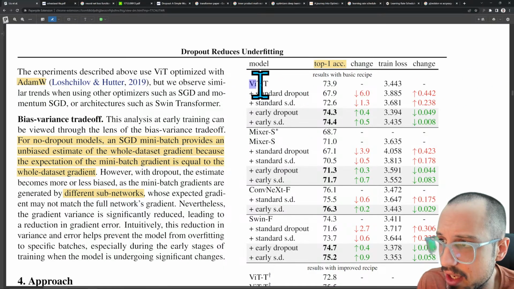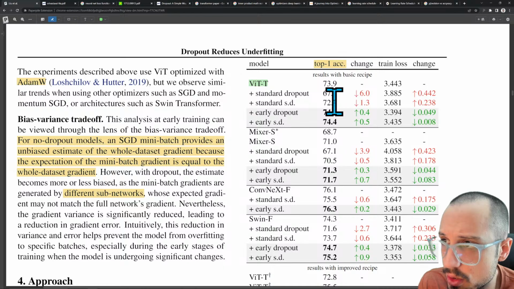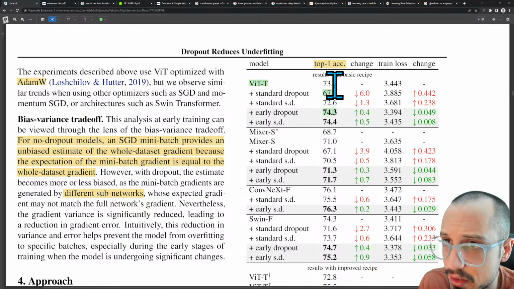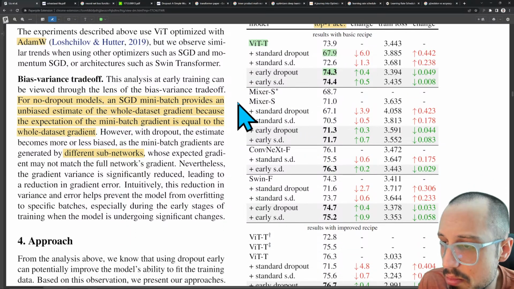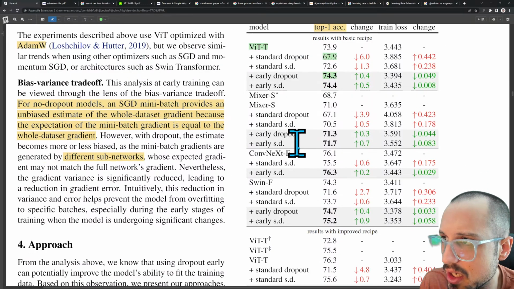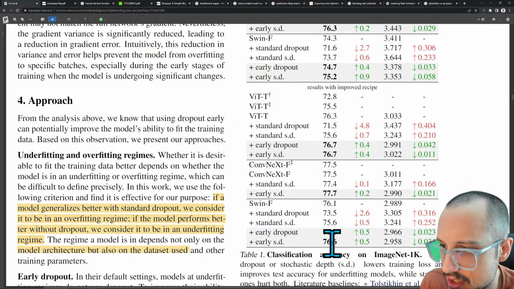So here they have a vision transformer, and they show you standard dropout versus early dropout. So actually, this is better. The early dropout does seem to perform better. You have Mixer S, ConvNeXt, which is a ConvNet, Swin Transformer, a different type of transformer, and then ViT-T, which I think is a bigger transformer. What does this dagger mean?